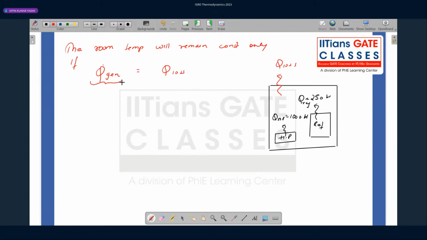So what is generated? Generated is Q refrigerator plus Q heater. This is your Q loss. So it is basically 250 plus 1000 equals Q loss. So your Q loss is equal to 1250 watts.